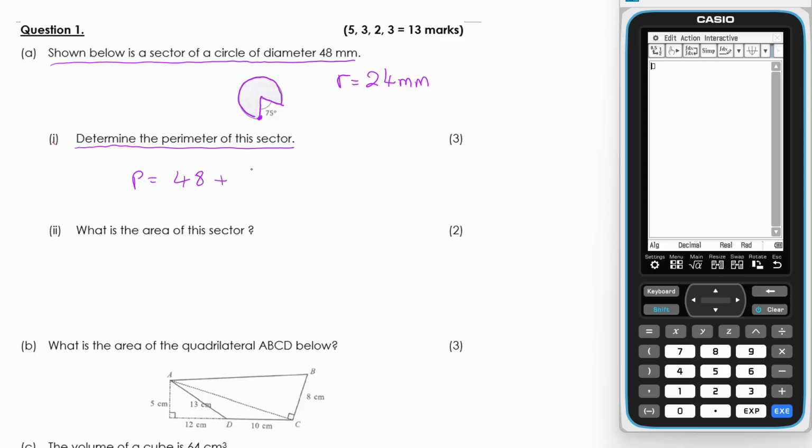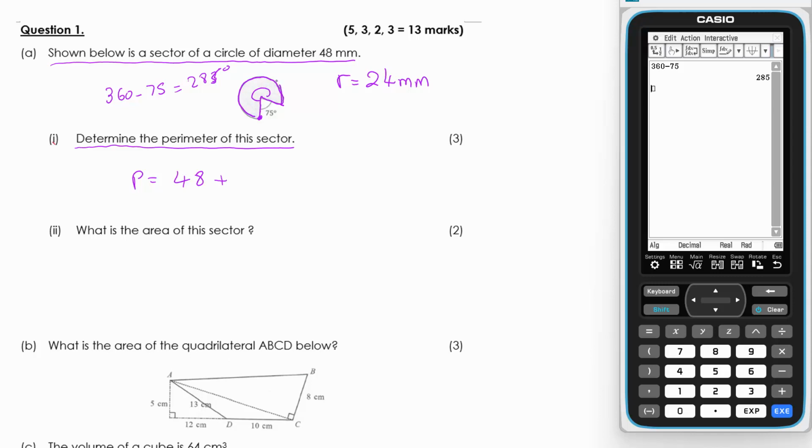Now, 360 take away 75. So if we do 360 take away 75, that's 285 degrees. So this angle here is 285.